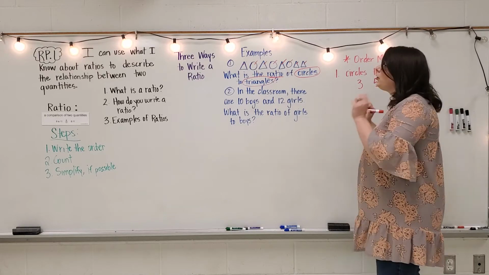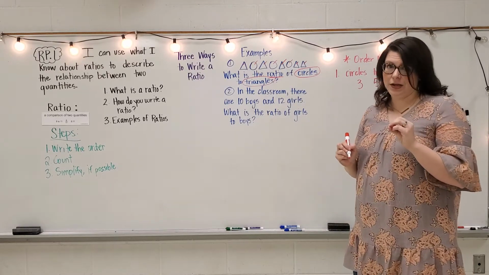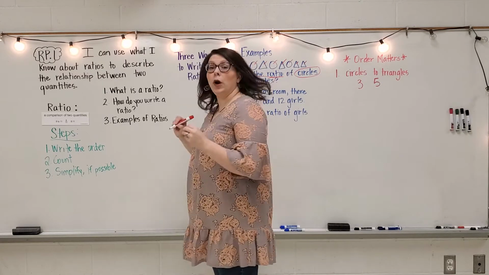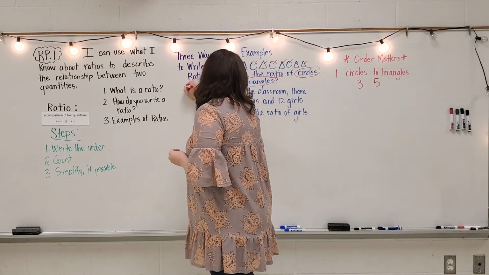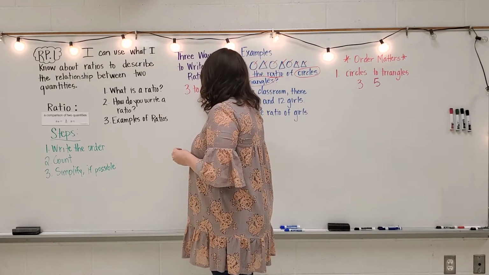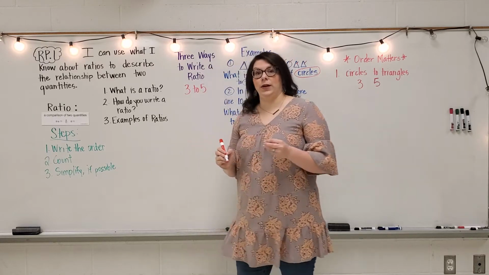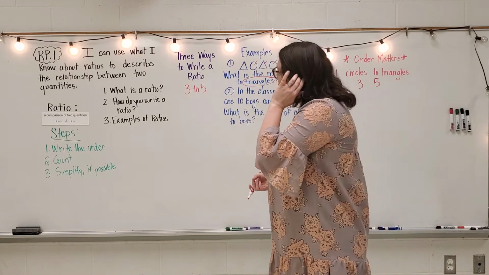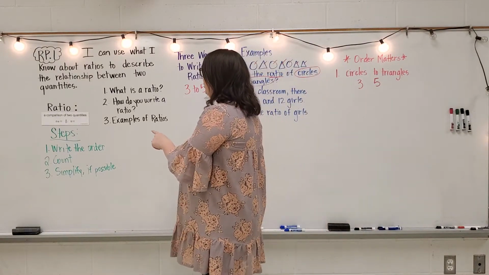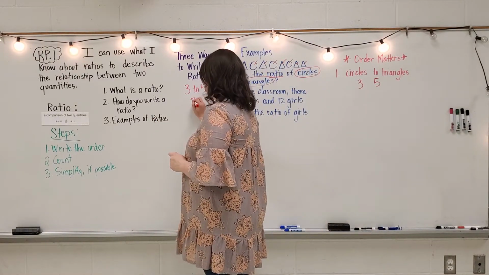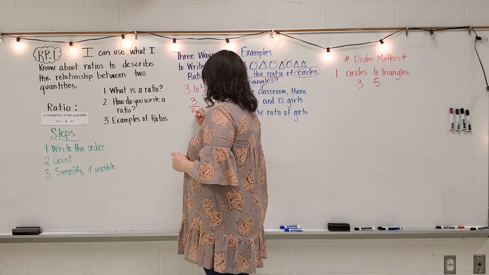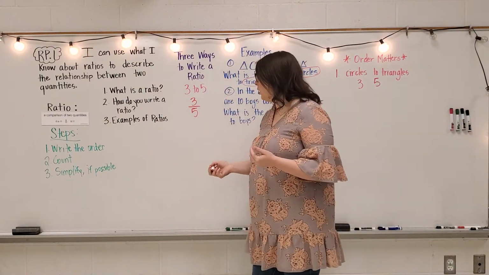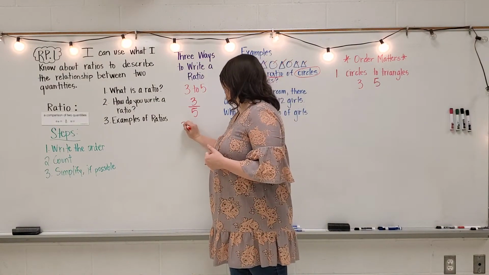Now, there are 3 different ways to write a ratio. You can write it in word form, like 3 to 5, because for every 3 circles, there are 5 triangles. Or you can write it as a fraction, using that division bar, 3 out of 5, or you can write it using a colon.